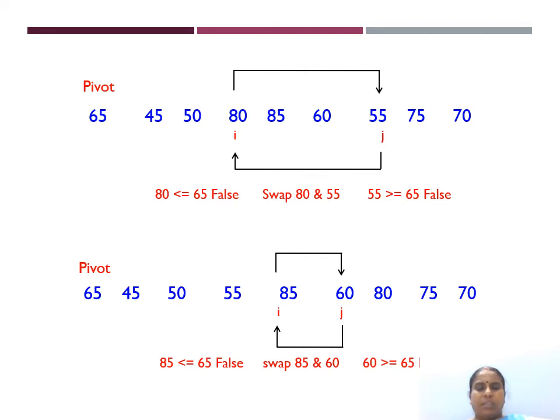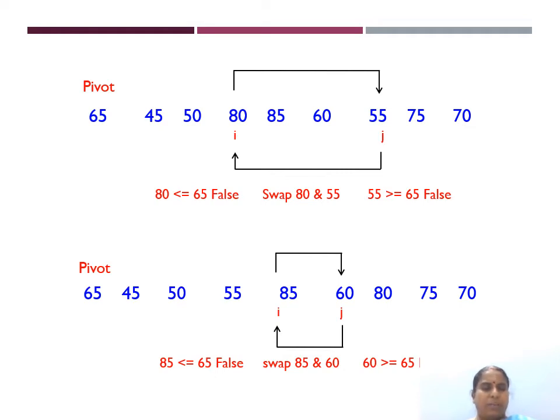Now this is the condition. In the fourth step, again the i position is moving forward. When the i position moves forward, the i value is at position 5 and j is at position 6. Now the element at i will be compared with the pivot.